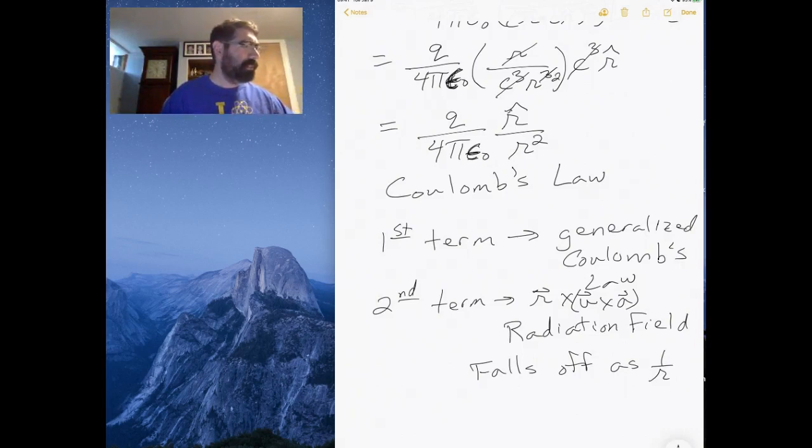We'll get to this in chapter 11, because what we're finding here is that if you have a moving charge, then that moving charge is going to radiate. It's going to radiate electric and magnetic fields, and those radiating fields are going to oscillate in the form of light. So right away we see if we have a moving charge that's accelerating, it is going to naturally radiate. So in the next lecture, we'll explore this a little bit and then go over an example.